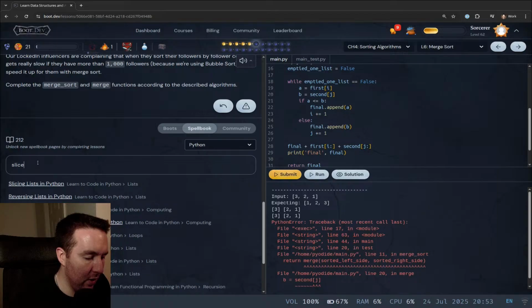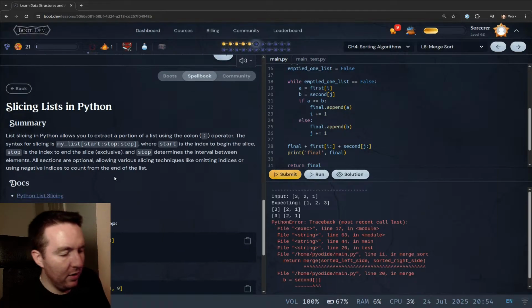So like slicing lists. List slicing goes to extract portion.